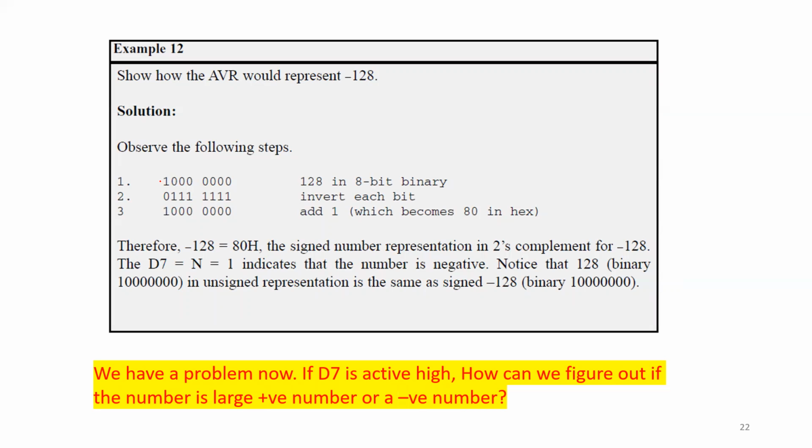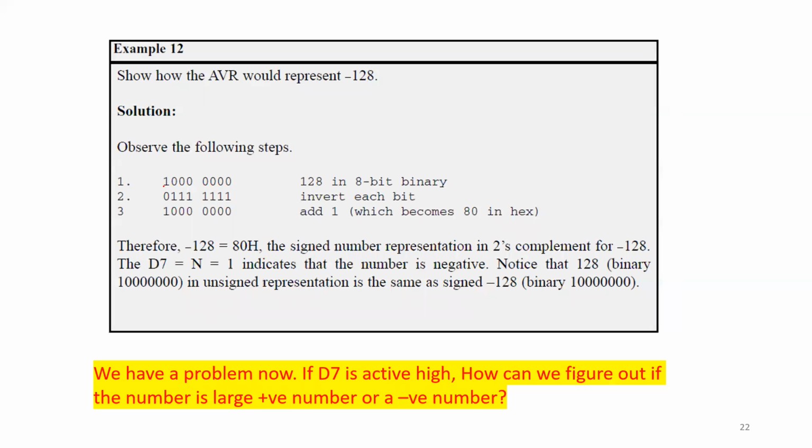When we complement the number, it would be 1, 1, 1, 1, 1, 1, 1, 0, like that. And now let's add 1. When we add 1, it becomes 1, 0, 0, 0, 0, 0, 0, 0, which means it becomes 80 in hexadecimal.